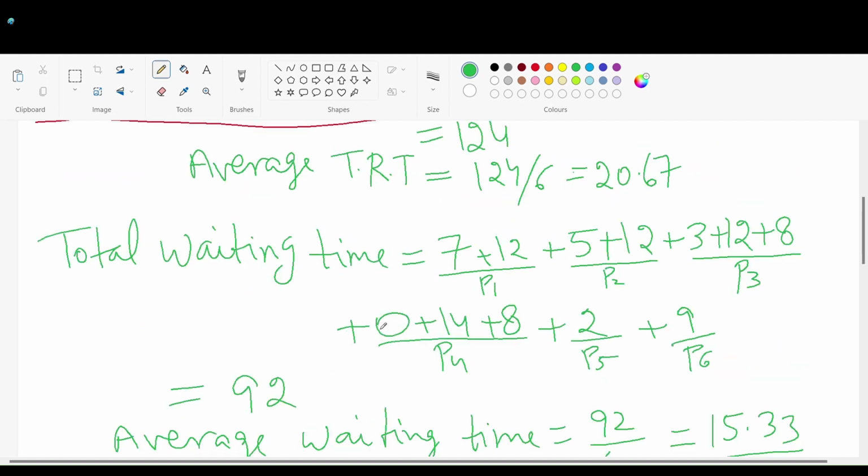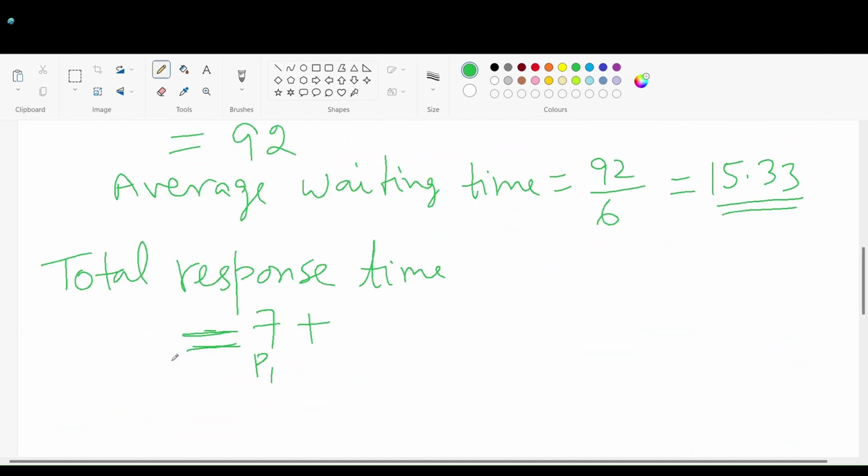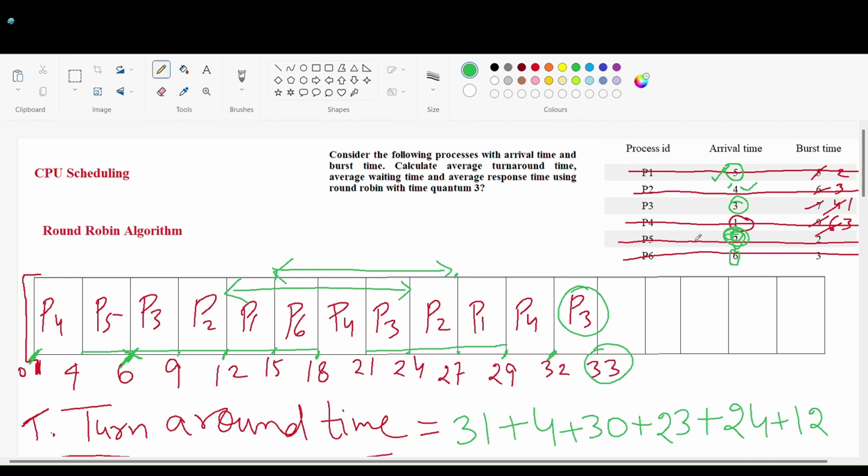Then P2 enters the system at 4 and P2 starts the execution at 9. So 9 minus 4 is the response time of P2. So 9 minus 4 is 5. 5 is the response time of P2. Then P3, what is the response time of P3? P3 enters the system at 3 and P3 starts the execution at 6, right?